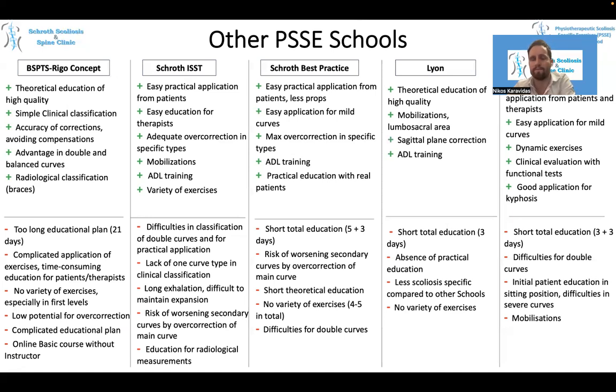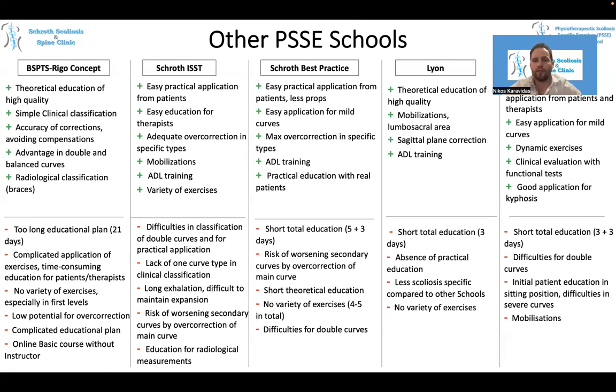The Lyon school has theoretical education of high quality. They use a lot of mobilizations, like in the lumbosacral area, sagittal plane correction, and activities of daily living training.